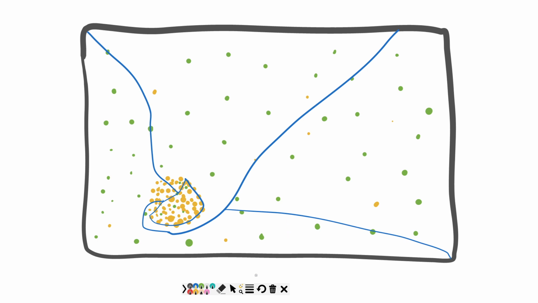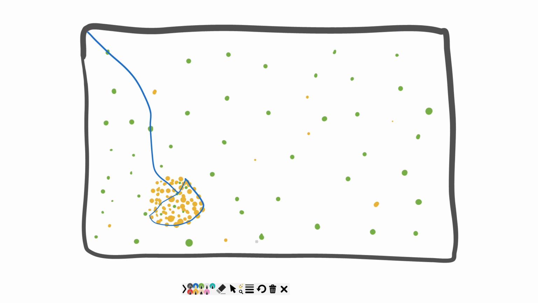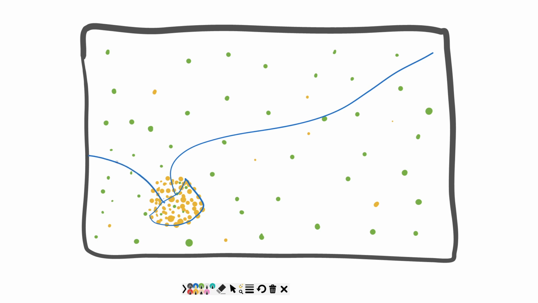Another thing we could do, I'm going to keep this kind of similar, because there's more than one way to skin the proverbial cat, right? So we could maybe do something, let's see, like this. And then, let's see, we could take, I don't know, maybe right here, do something like that, okay?